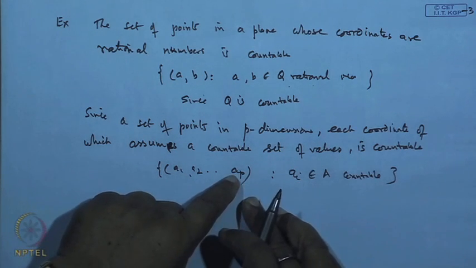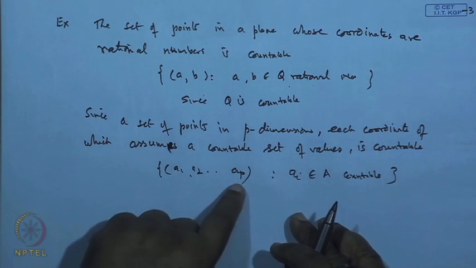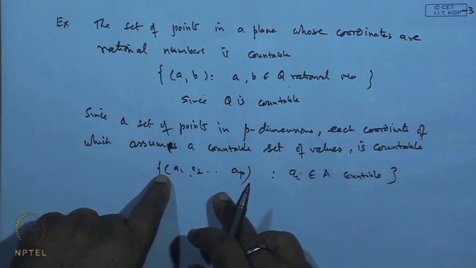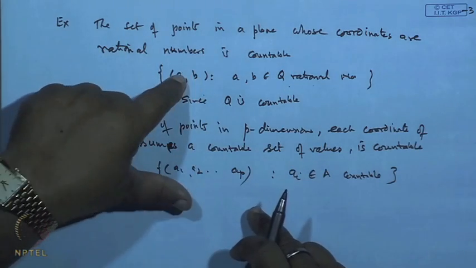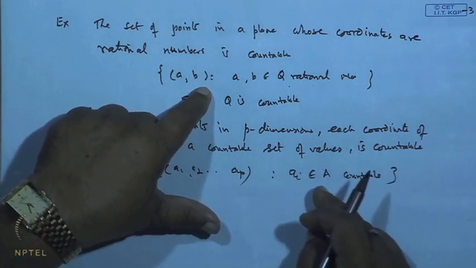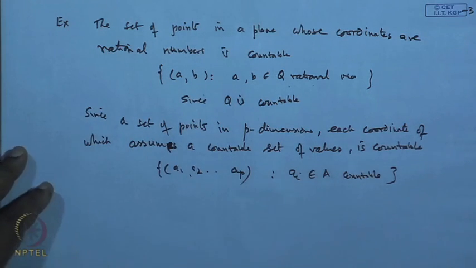Then we have assumed it for p up to p minus 1, and for p, when you write the point, it is of this form, an ordered pair. Then when you fix one value, the other values keep on changing. So, it is a countable set. So, this we have already discussed, and this is countable.